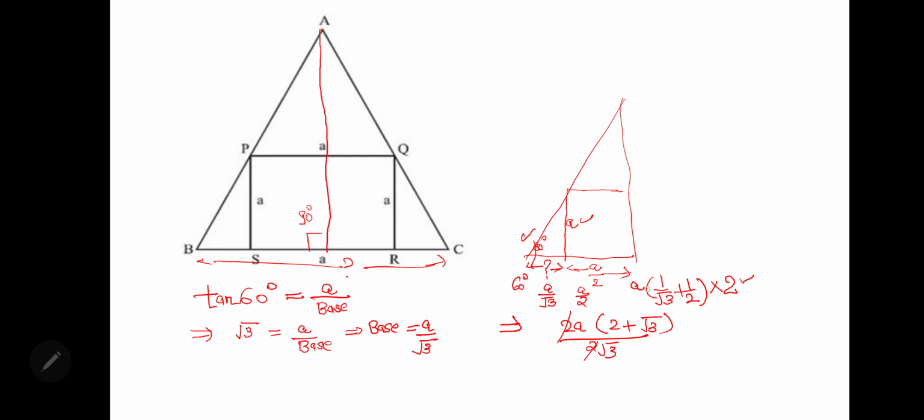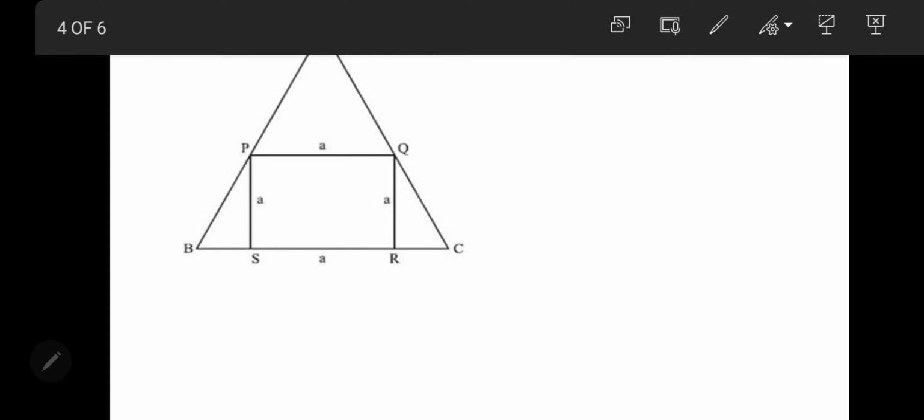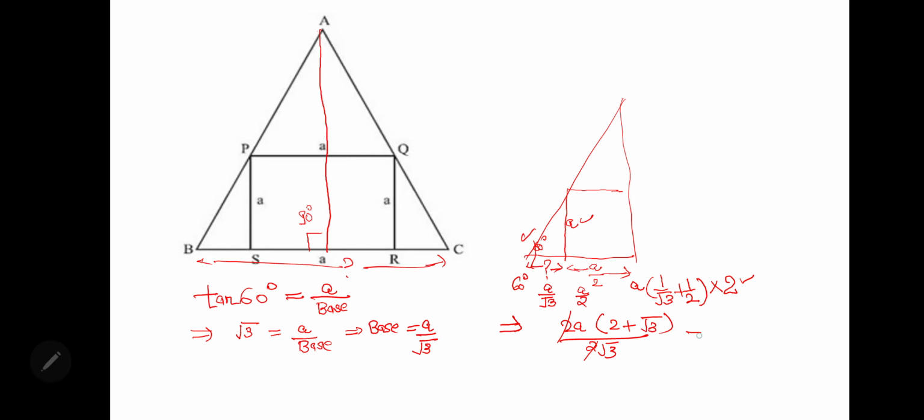So what is the side of this equilateral triangle? Okay, this has been given, sorry. So just remember, the side of my equilateral triangle is a by root 3 times (2 plus root 3).